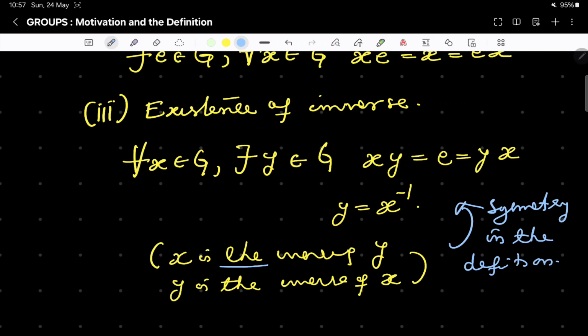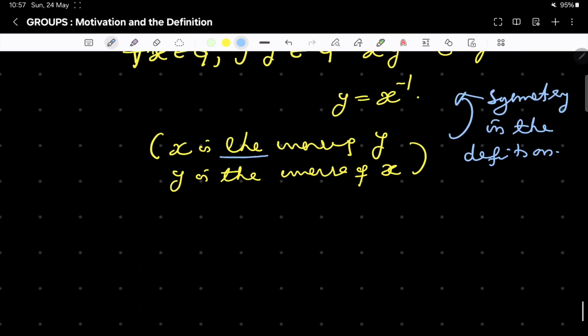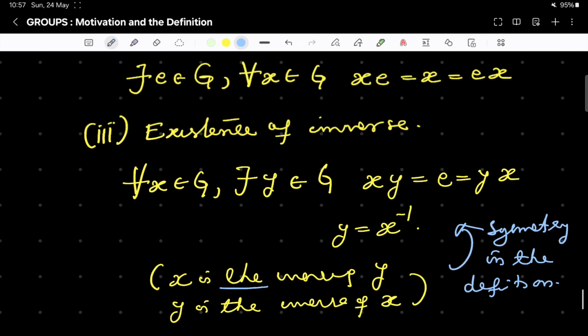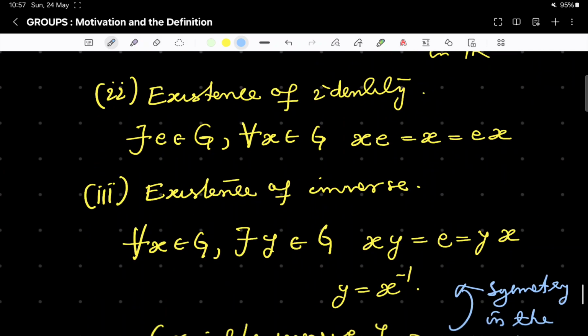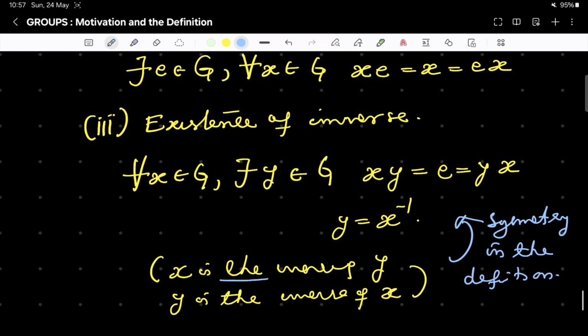Okay, so these are the four things. First of all, it should be a binary operation, second associativity, third existence of identity, and another one is inverse, right?